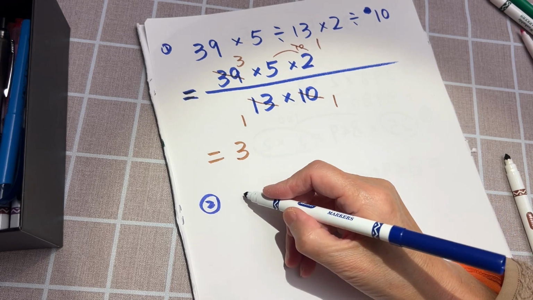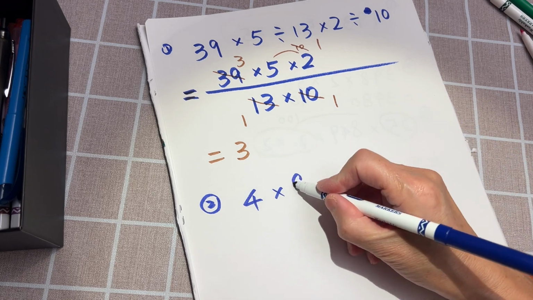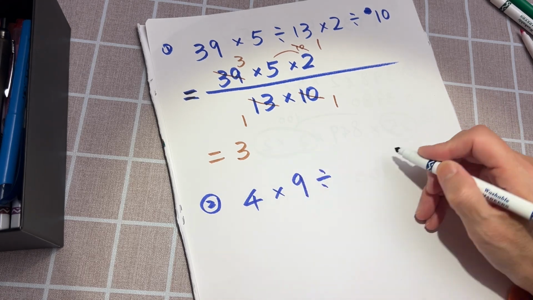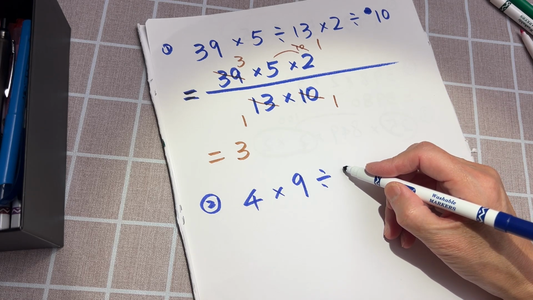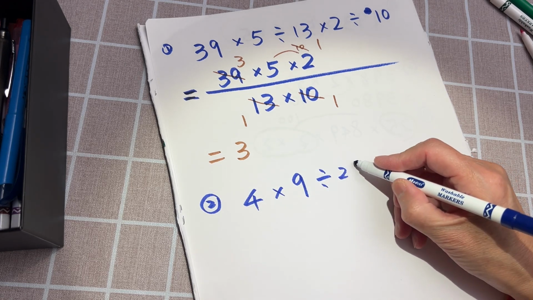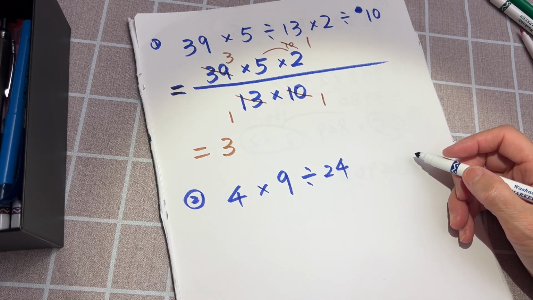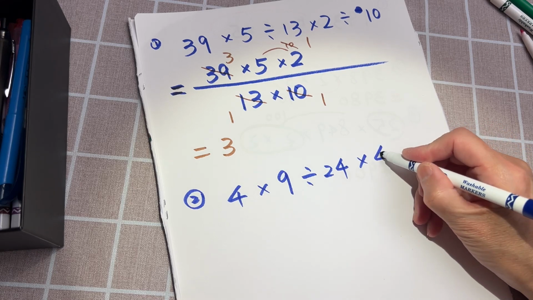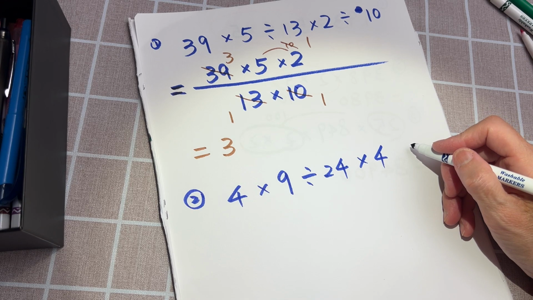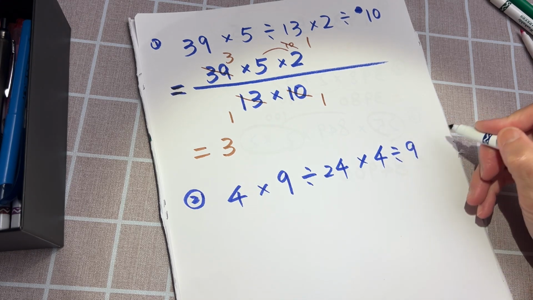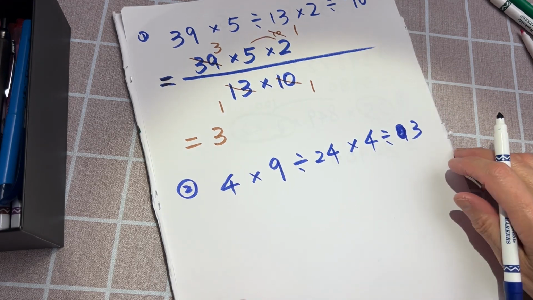So 4 times 9 divided by 24 times 4 divided by 3. I think that is enough. Okay.